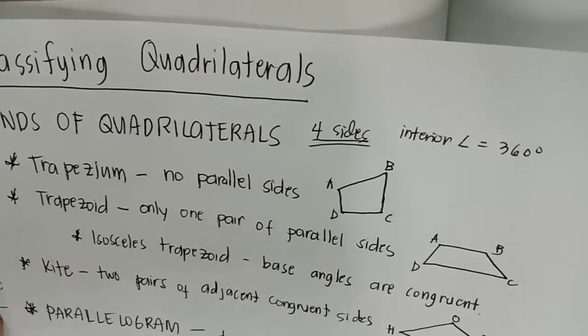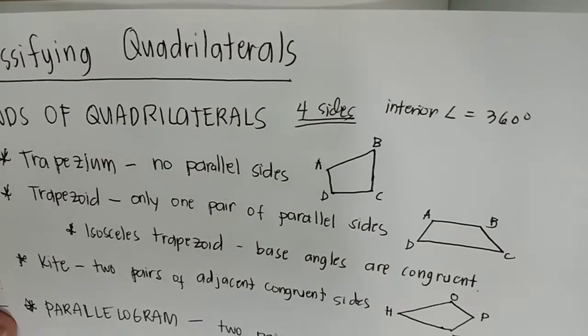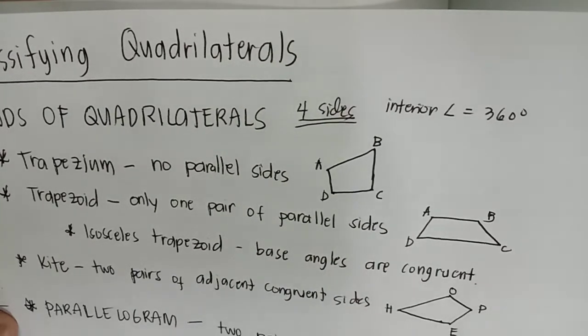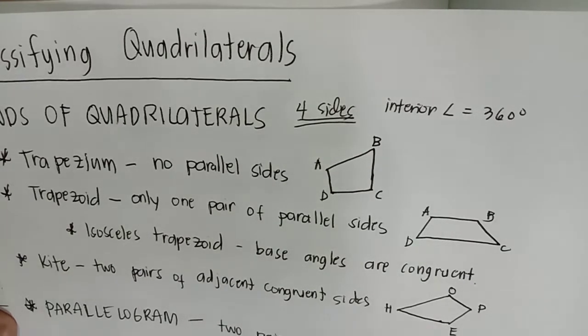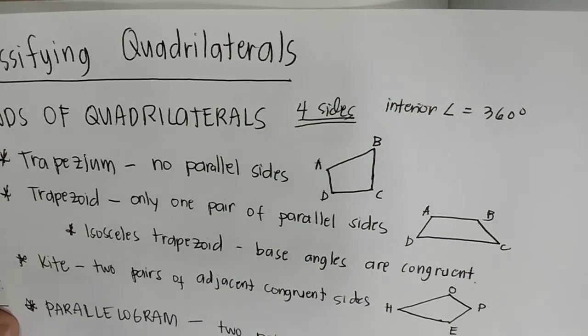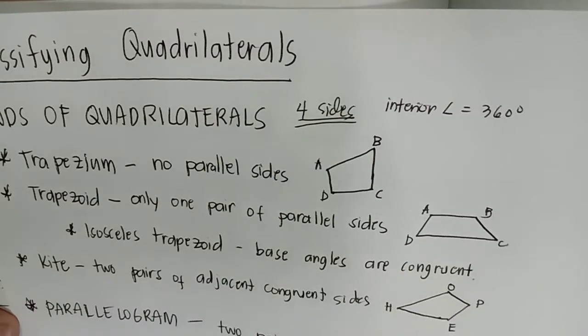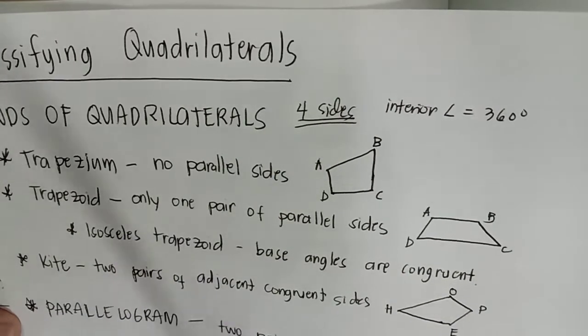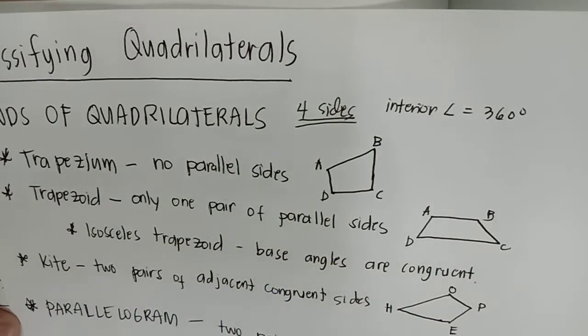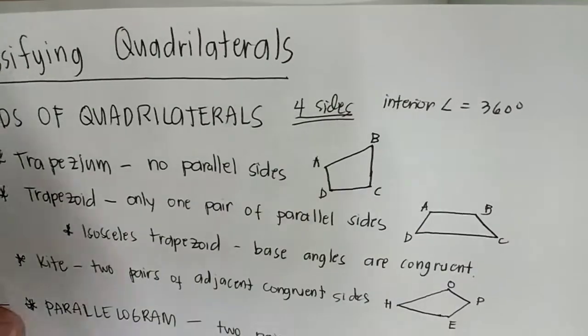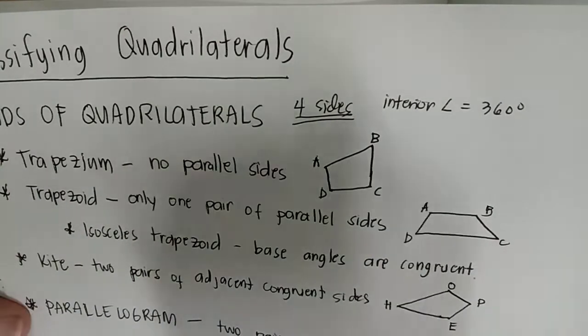So, number 1 po is trapezium. Si trapezium po, siya po yung walang parallel sides. Alright? Next is si trapezoid, and you are familiar with this one, na kung saan isa lang po yung pair o parallel side na meron sila. So, makikita nyo naman po sa ating figure.